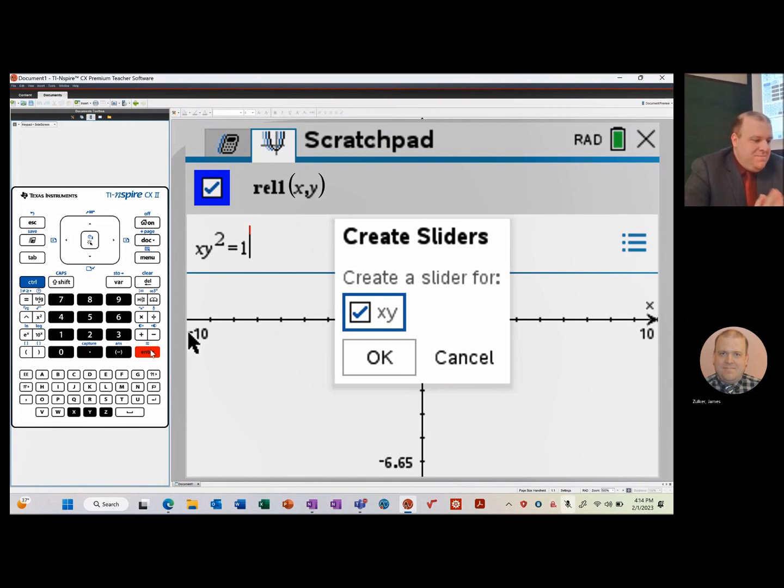Well, it's not in function. It's in relation form. I have a plotting of relation, right? So why am I getting an error?